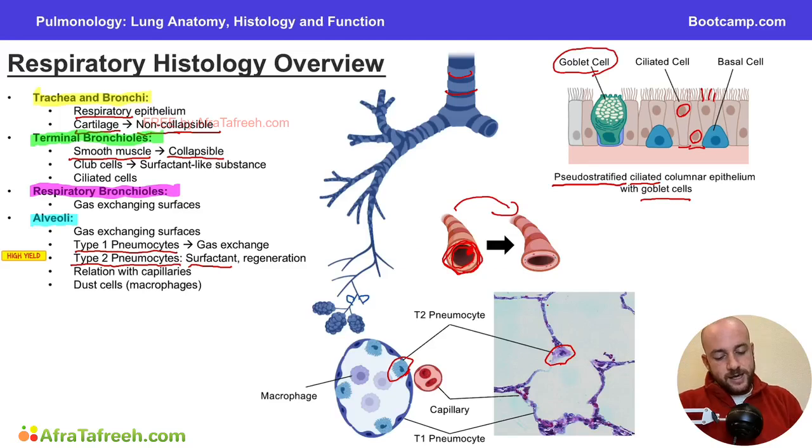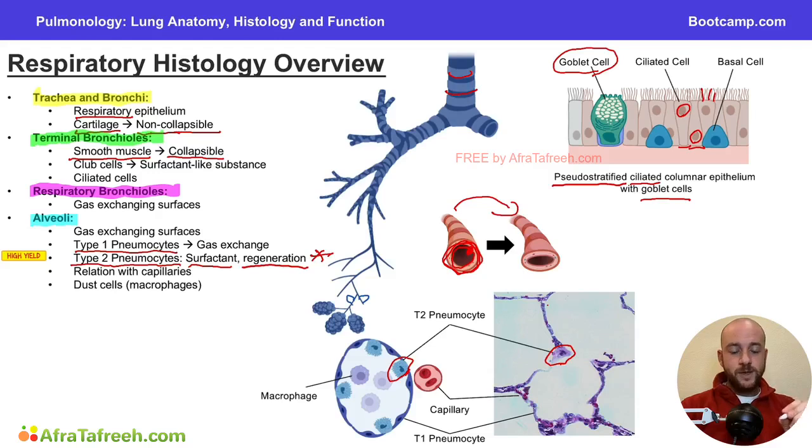The next is that type 2 pneumocytes are involved in regeneration. This is super high yield. The type 2 pneumocytes are involved in regeneration. So whenever there is injury to the lungs, the cell that's primarily affected is the type 1 pneumocytes, and that's because there's so many of them. They make up basically the entire alveoli. So the type 1 pneumocytes are going to be affected.